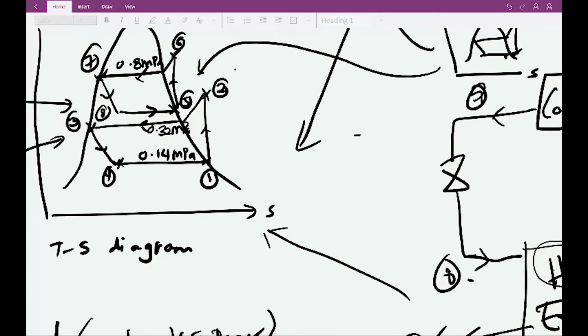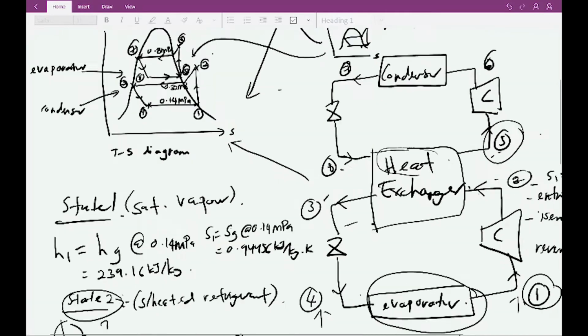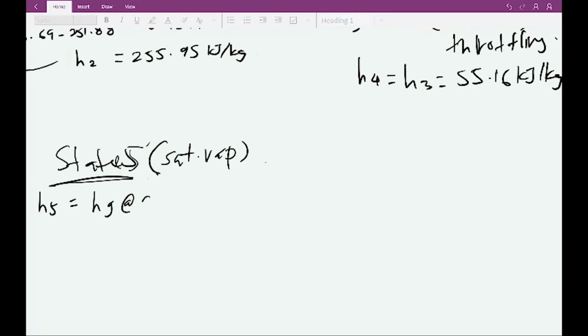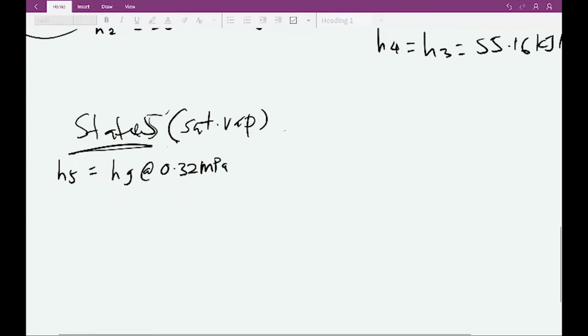Because it is located inside the heat exchanger, the pressure is 0.32 megapascal. So we go back into our property tables.